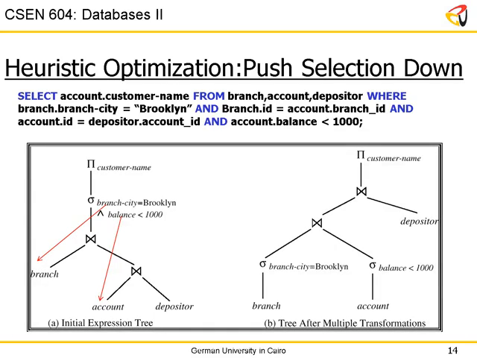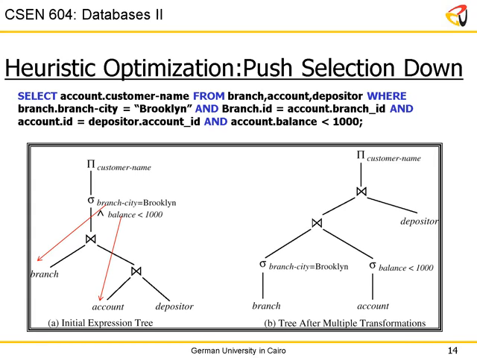Here is another example of pushing selections down. In this case, I made the SQL statement we were looking at a little bit more complicated. I just added one more selection criterion, which is account.balance less than 1,000. So applying the rule of pushing selection down should be done as many times as we can.